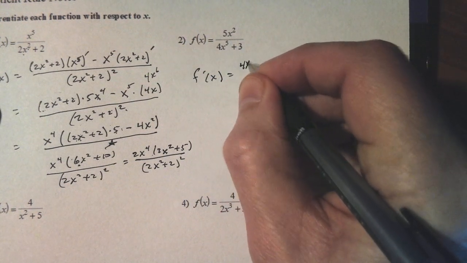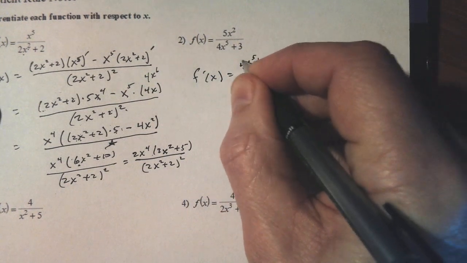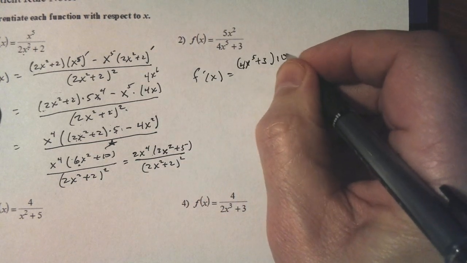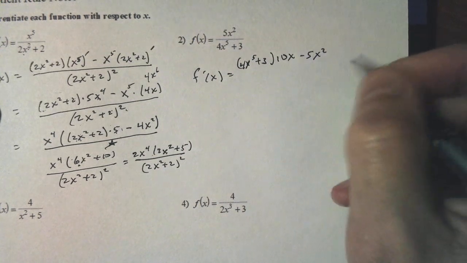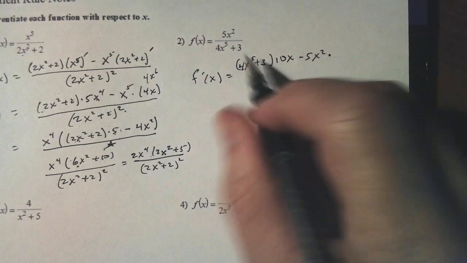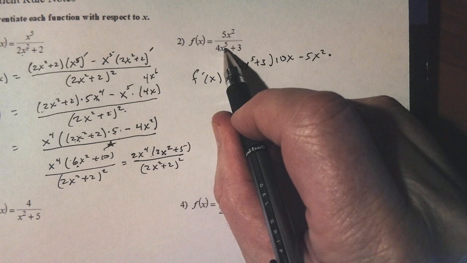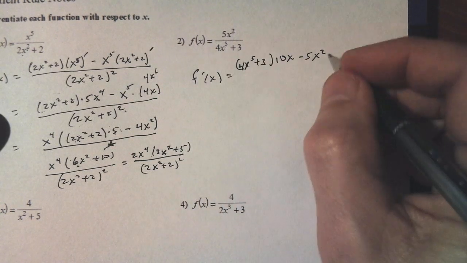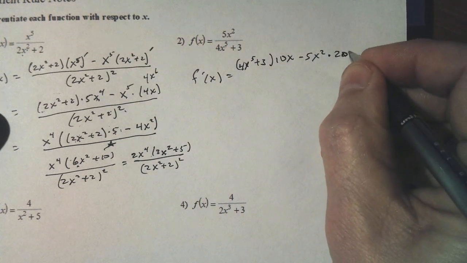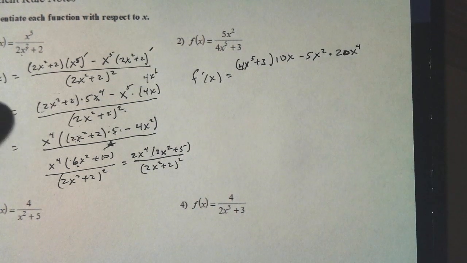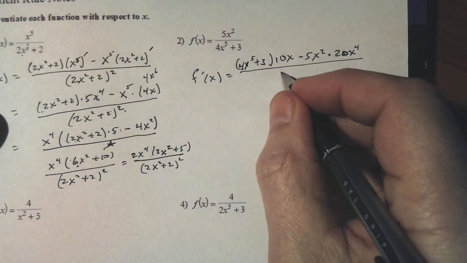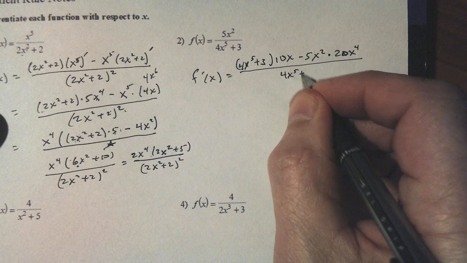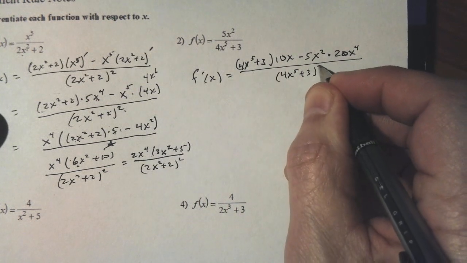Low d high 10x minus high 5x squared d low times 20x to the fourth, over the square of the thing below.